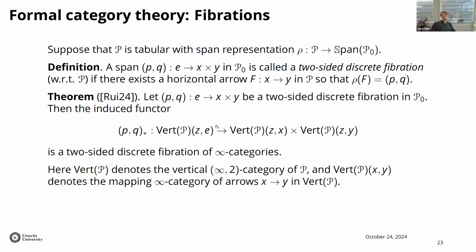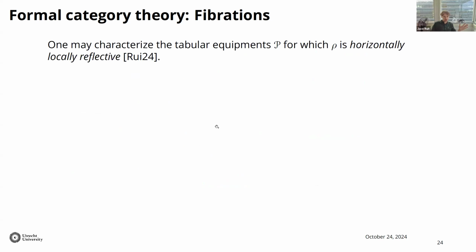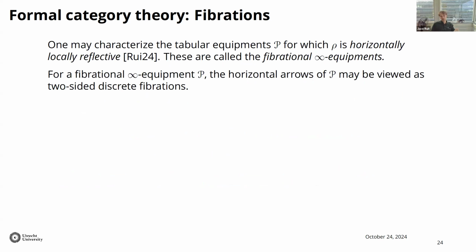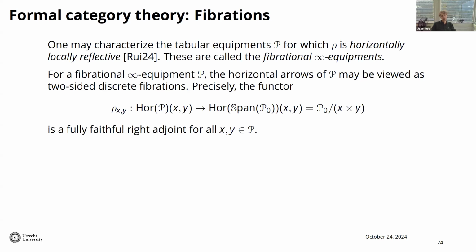So this is something that you can show, and you can characterize the tabular equipments for which rho is horizontally locally reflective, which I call the fibrational affine equipments. And what this precisely means is that for a fibrational affine equipment P, the horizontal arrows of P may equivalently be viewed as two-sided discrete fibrations. So there's no information loss if you go from these horizontal arrows to this perspective of two-sided discrete fibrations.